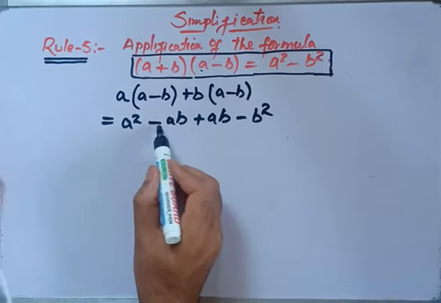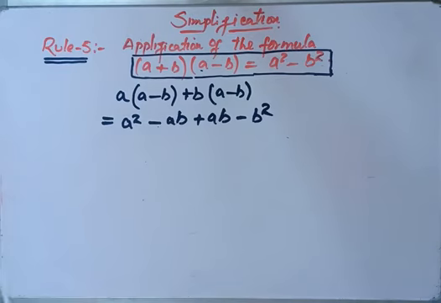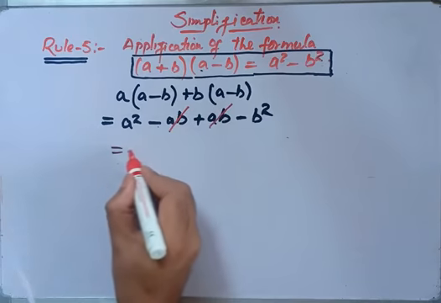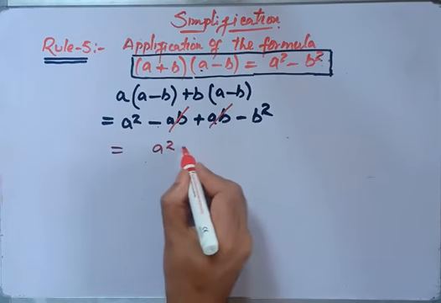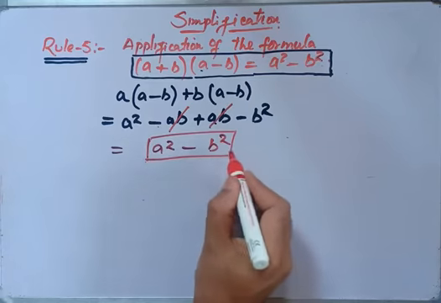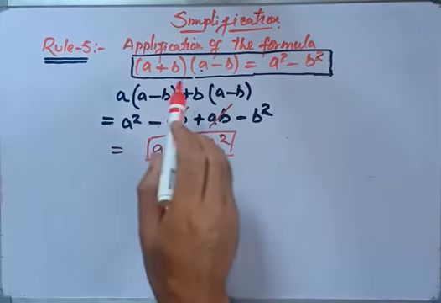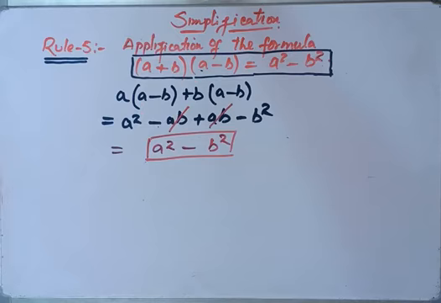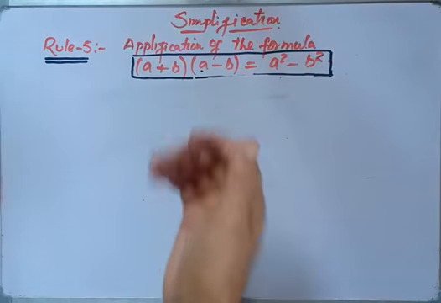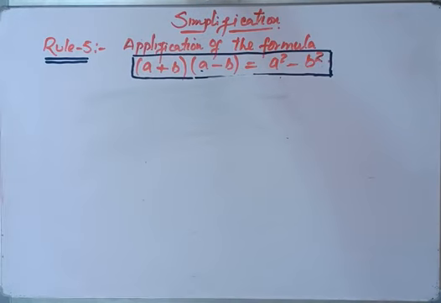This is minus ab, this is plus ab, they will cancel each other. We get a square minus b square as our answer. So you can see that (a plus b) times (a minus b) is equal to a square minus b square.